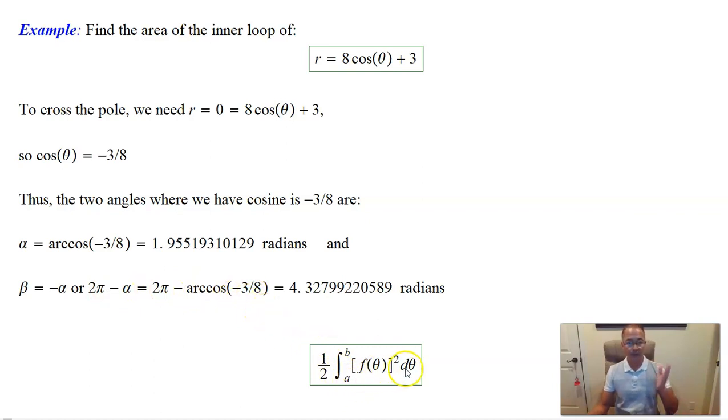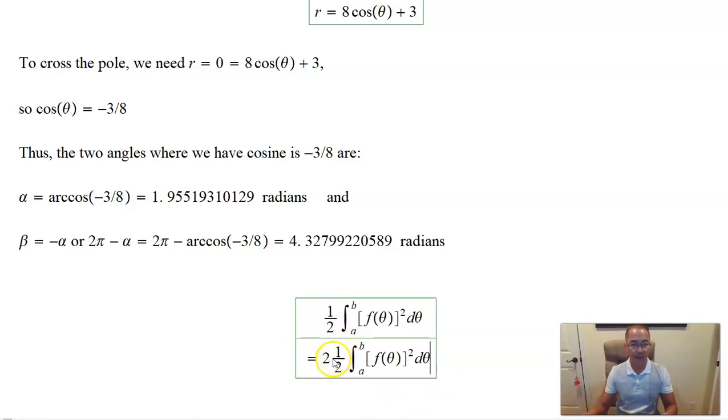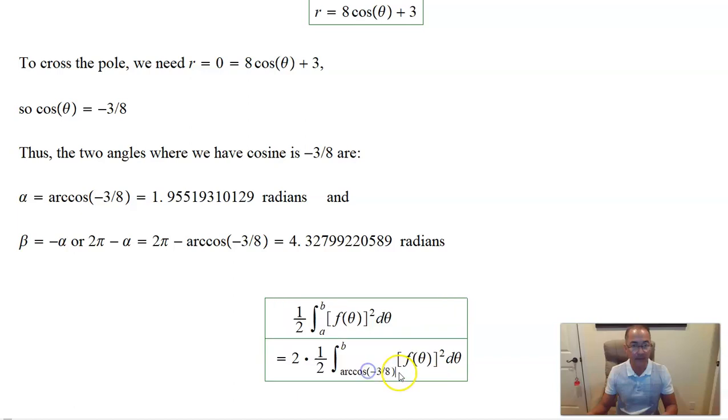Okay, so this is our formula for the area, but instead of starting at alpha and finishing at beta, we will do the smart thing and we will double the area. So 2 times 1/2, which of course cancels to 1, but I want to write it down anyway. And we will begin at this angle, arccosine -3/8, and we will finish at pi, okay?